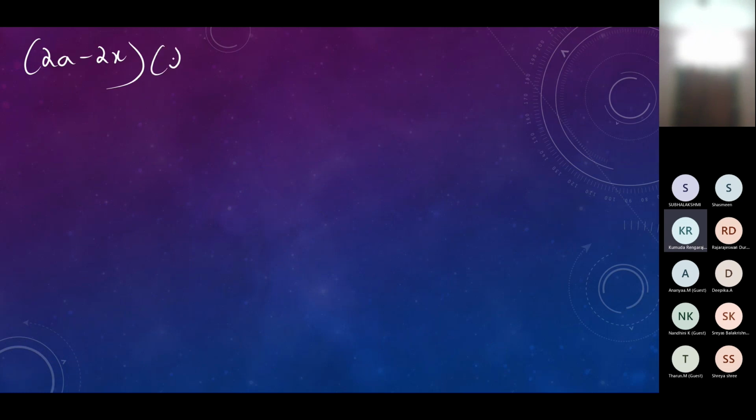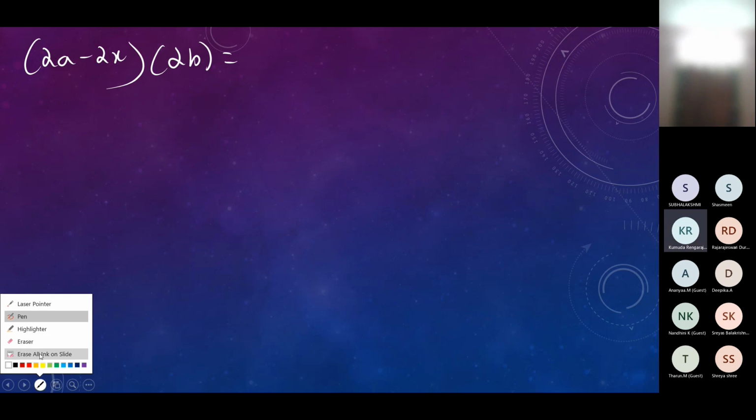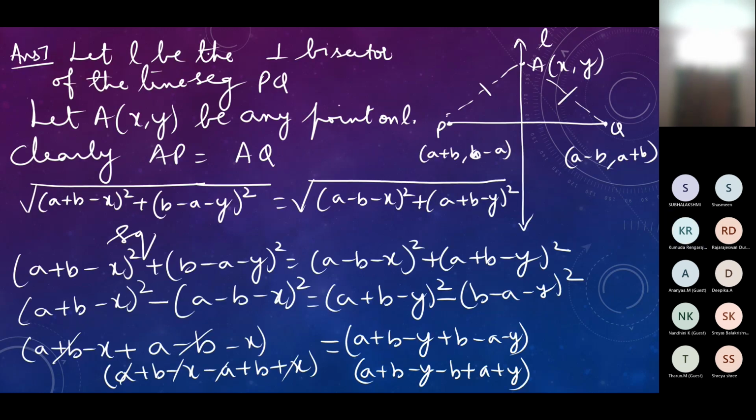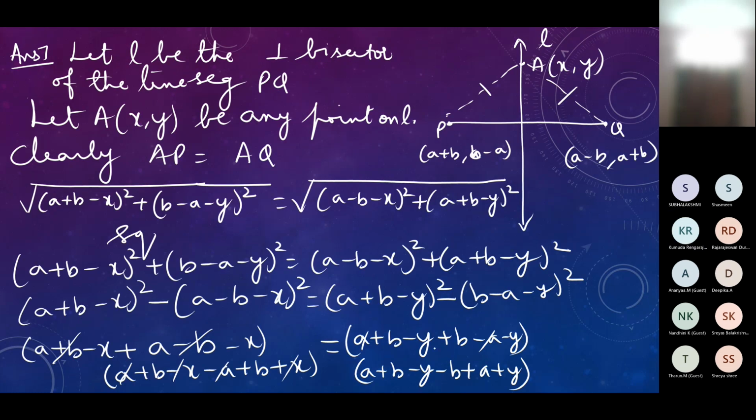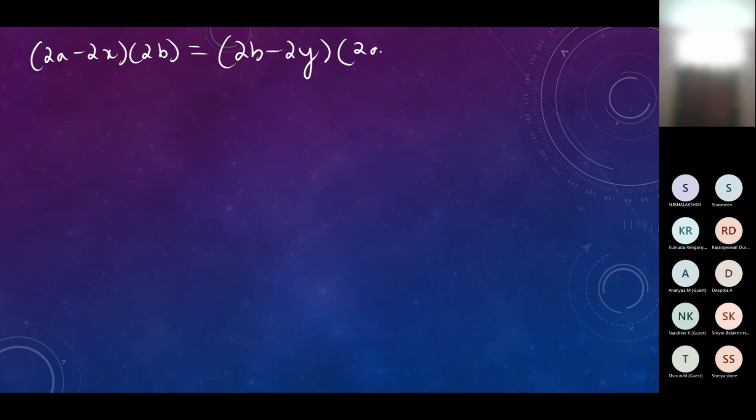So 2A minus 2X into 2B is equal to, A minus A cancels. That's all. 2B minus 2Y into 2A. Yeah, I'm right.